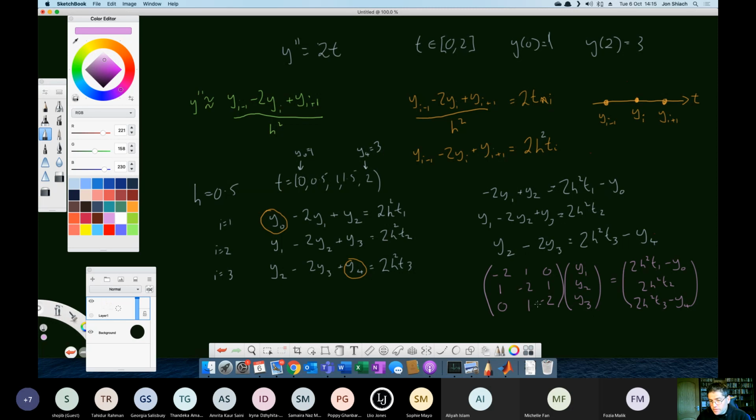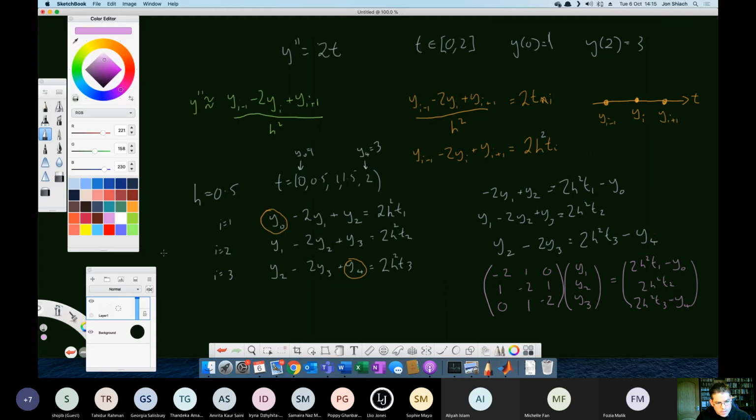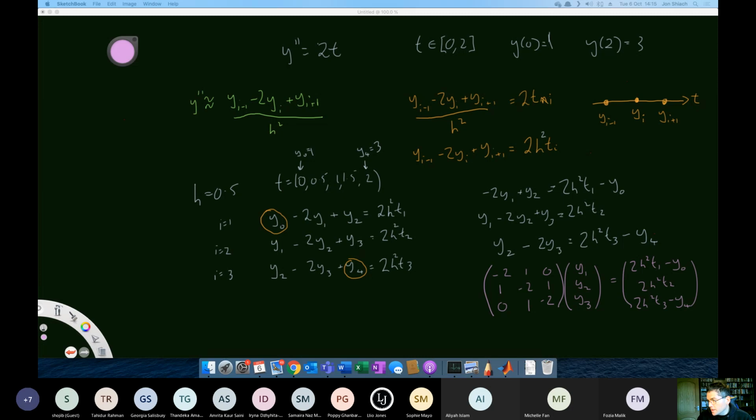Okay, so to solve this, it's only a 3 by 3, so we could invert the matrix. So we can invert our matrix, and what I'm doing off the screen is just bringing up my solutions so you can see the inverse.